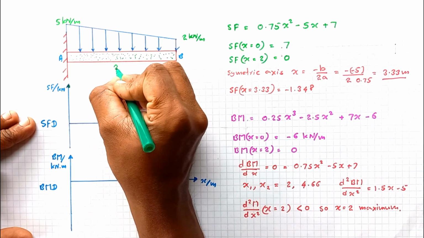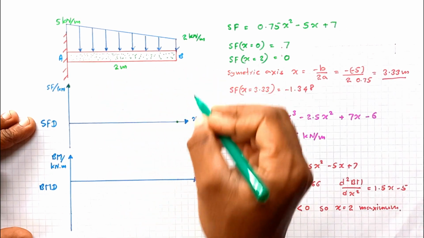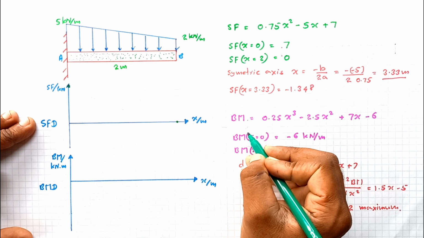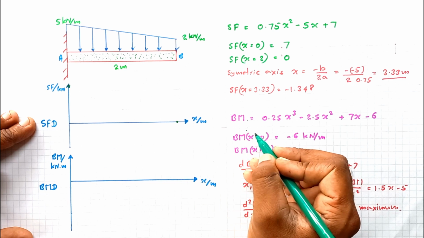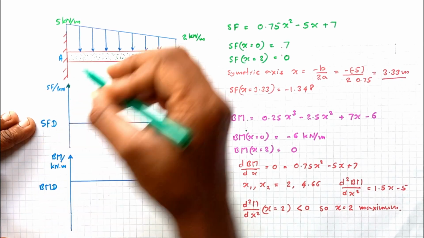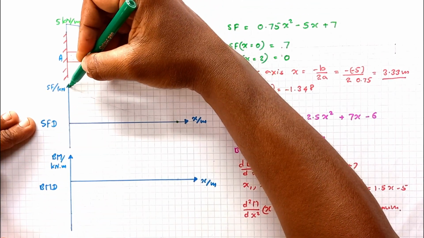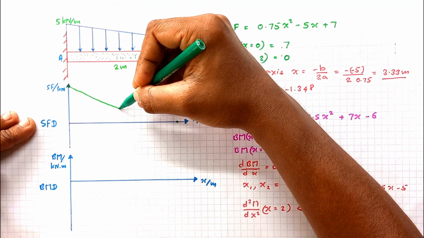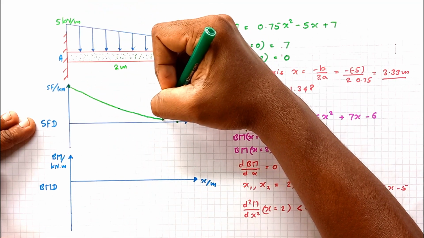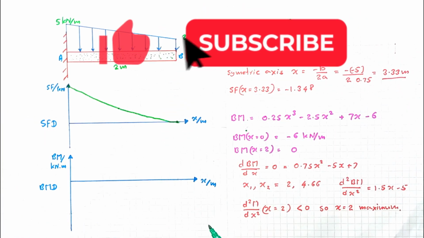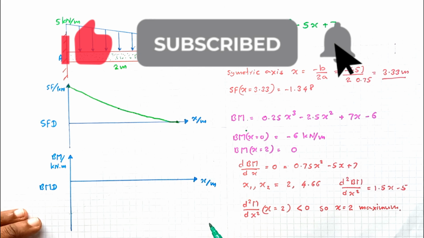Somewhere here the value is 3.3. Okay, let me draw the shear force diagram. This is the shear force diagram, showing how shear force varies throughout the length of the beam.